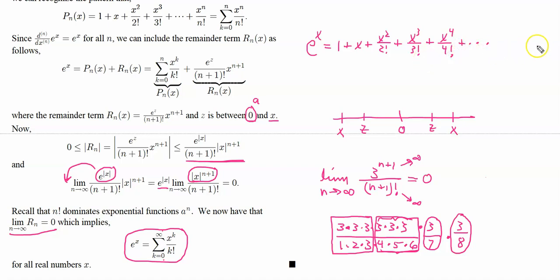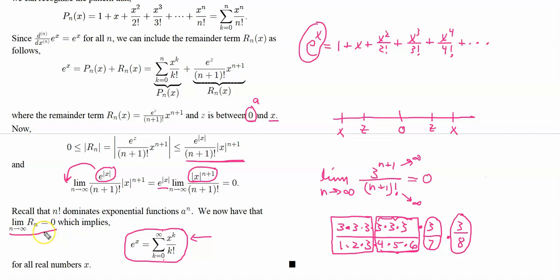If we go all the way to infinity, this series will converge to the number e to the x power, whatever value you put in here for x. So we have just justified that because we justified that the remainder term in Taylor's theorem approaches 0 for every x.